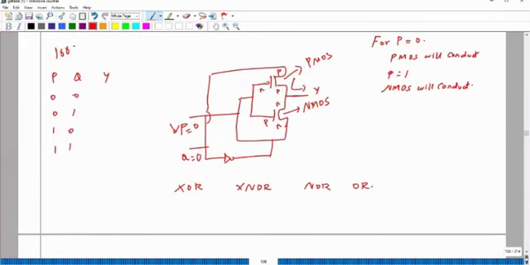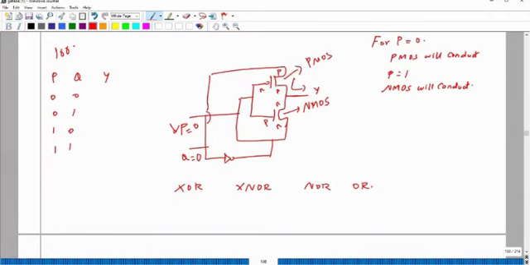So if the selection pin is 0, Y will pass through to the output. If the selection pin is 1, this 0 will pass through the output. This is your concept. How to write this?